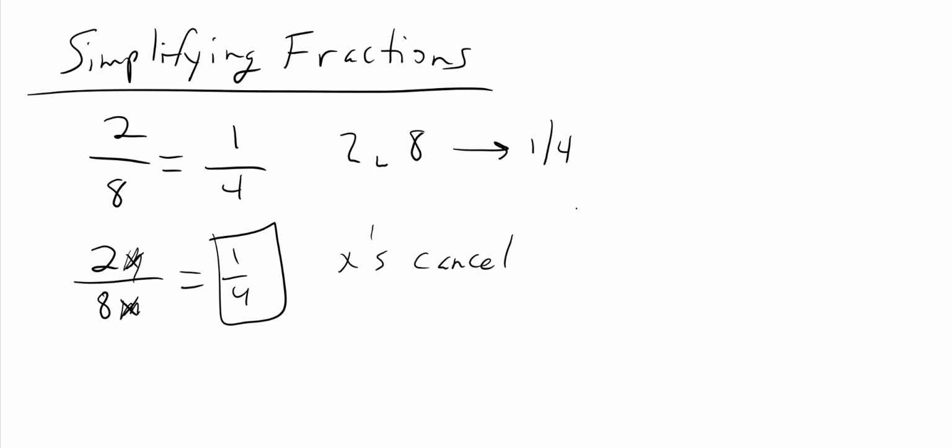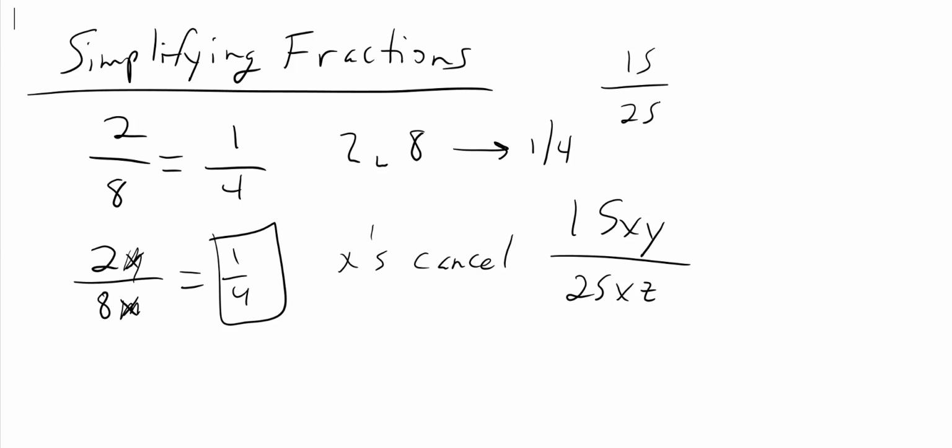So if I did 15xy over 25xz. Again, you can put 15 over 25. You can't put variables in your calculator, but 15 over 25, and you hit enter, it would reduce to 3/5. Or you could say, 5 goes into 15 3 times, 5 goes into 25 5 times.